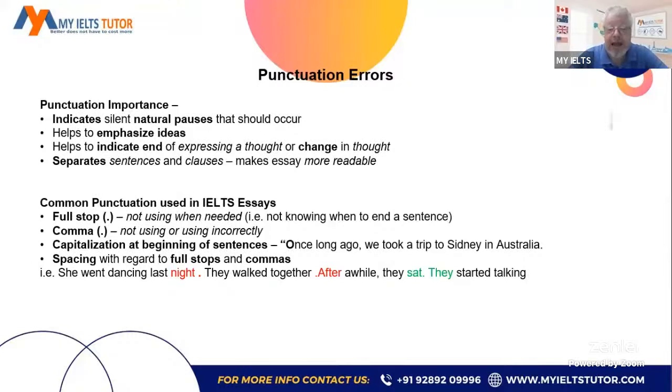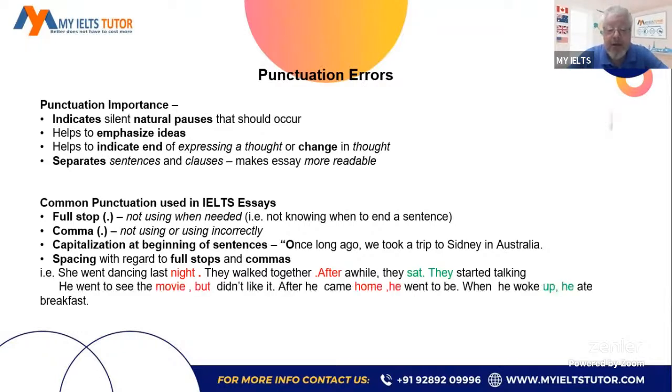And the second, there's a space between the last word of the sentence and the full stop, and there's no space between the full stop and the first word. Okay, so that's the spacing error. I see that all the time, both in handwritten and in typing. So really work on this if this is a mistake.